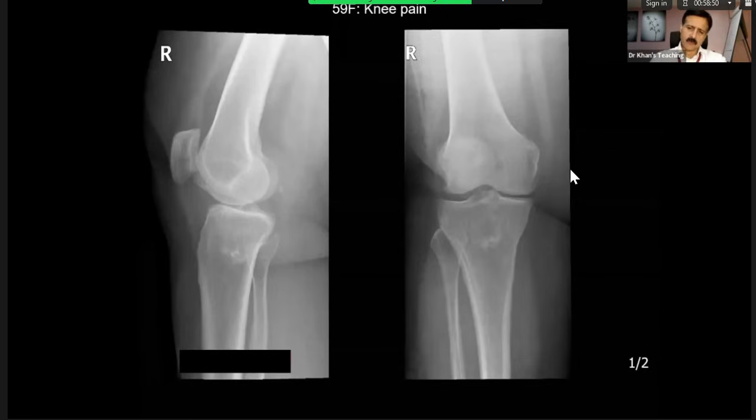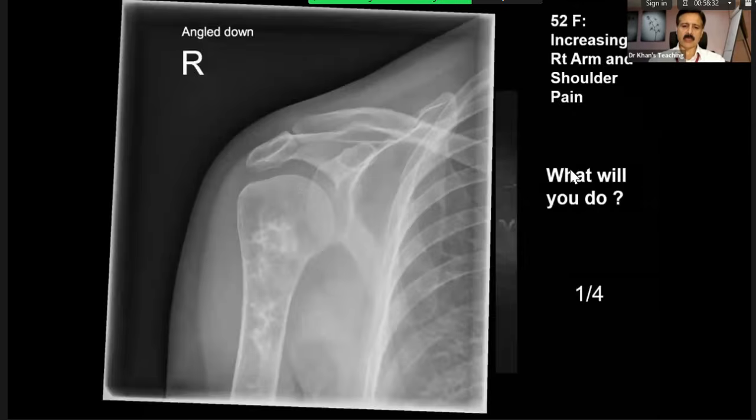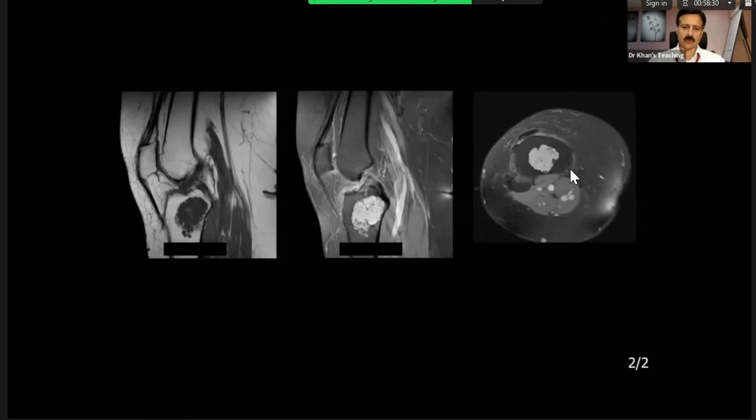And if you have an MR, then there might be some cartilaginous loss. So these are the parameters which we have covered before. But the idea here was just to show you a benign enchondroma without any stigmata of malignant transformation.